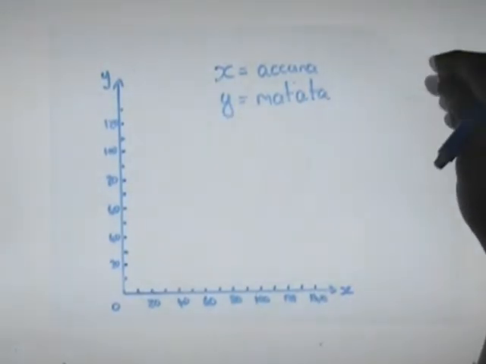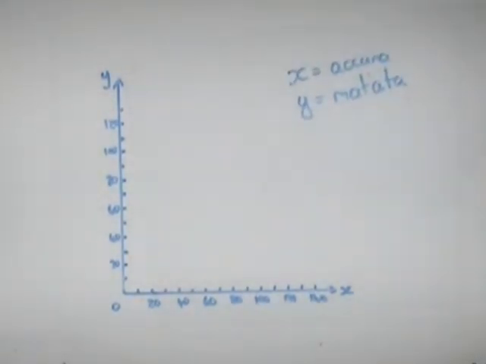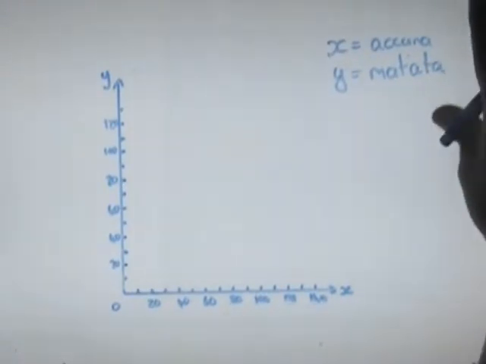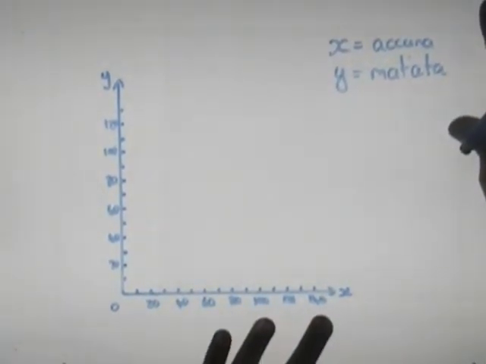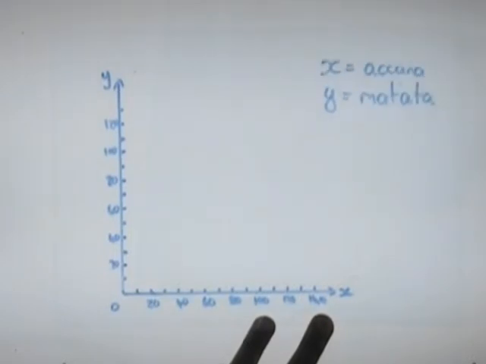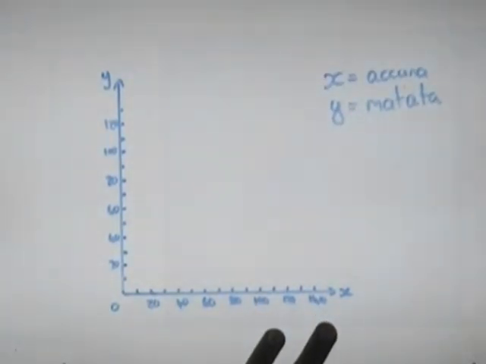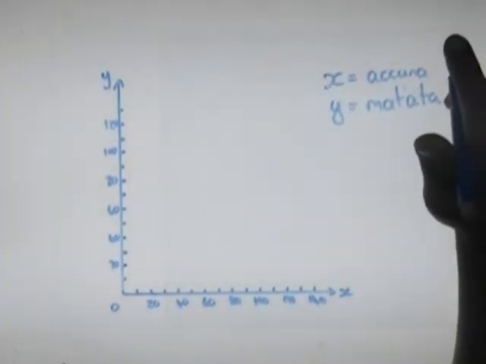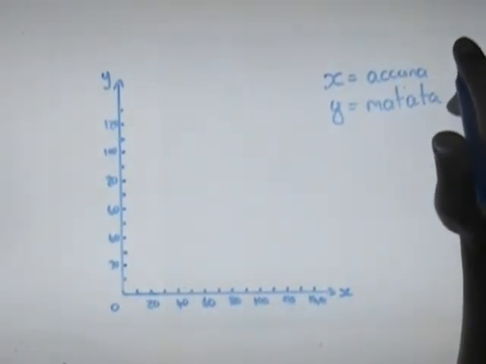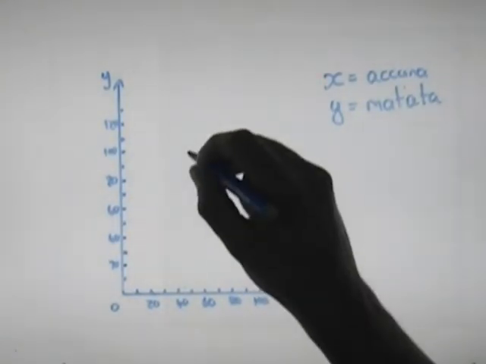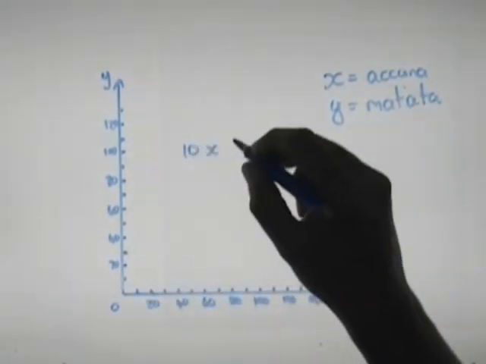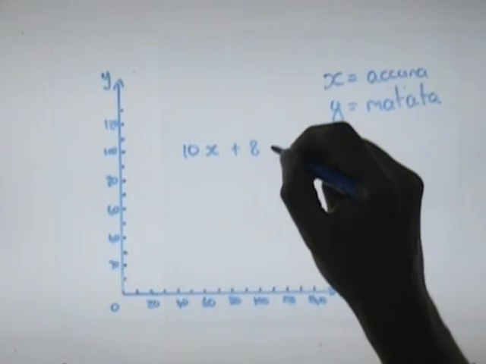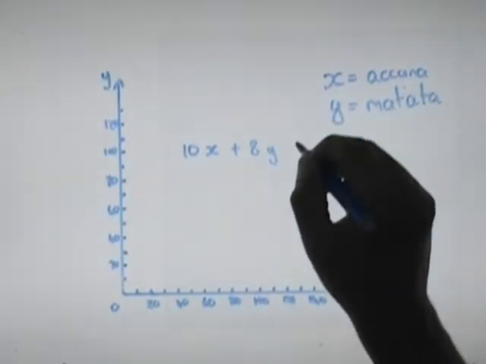Alright, let's look at the information that we do have and work from there. The first bit of information says that each Akuna cell phone requires 10 man-hours to manufacture, and each Matata cell phone requires 8 man-hours. So each Akuna, each x, requires 10 hours plus 8 hours for Matata.